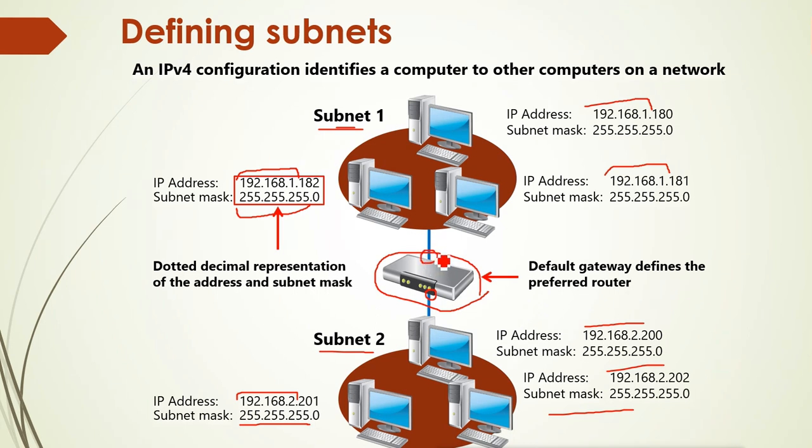That means within the network you will do the communication, but if you want to go out of this subnet, then you can go out from this gate, and that is why it is called a gateway. And for subnet 2 also, you can communicate within the subnet, but if you want to go out of the subnet, you go out from this gateway, and the gateway is the router.